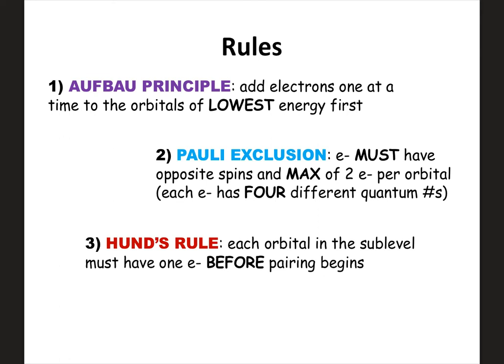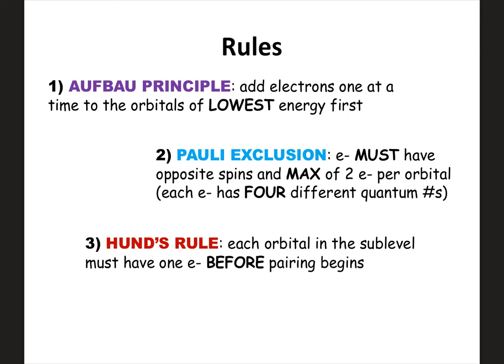The Pauli exclusion principle says that electrons must have opposite spins, and you can only have a max of 2 electrons in every orbital. The reason is that each electron must have its own set of 4 different quantum numbers.